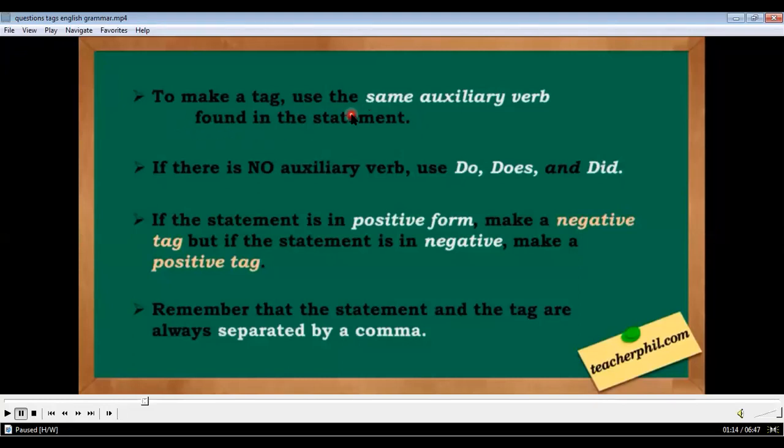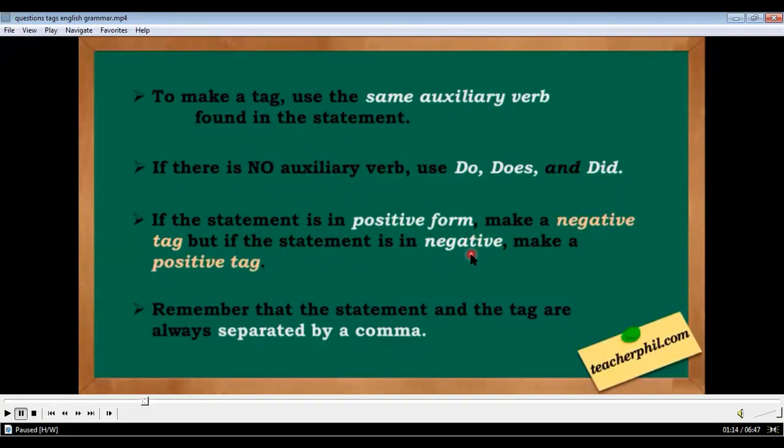To make a question tag, use the same auxiliary verbs, meaning modal verbs, found in the statement. And if there is no auxiliary verb, like no modal verbs in the statement, use do, does, and did in the question tag. So the third rule that you have to follow: if the statement is in positive form, meaning without "not", then make a negative tag.